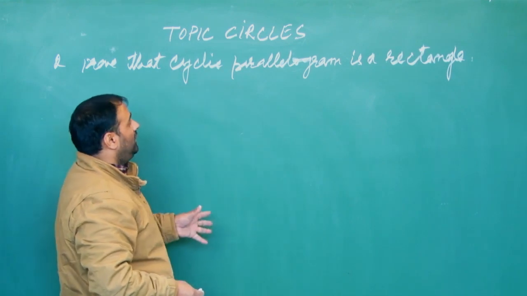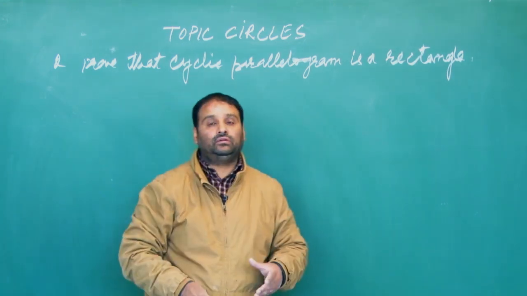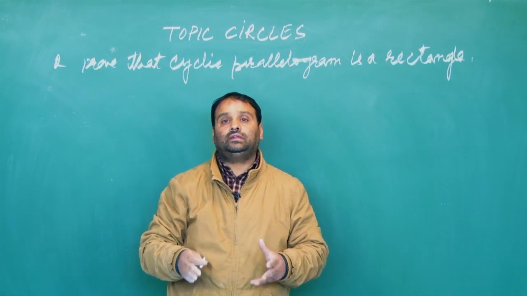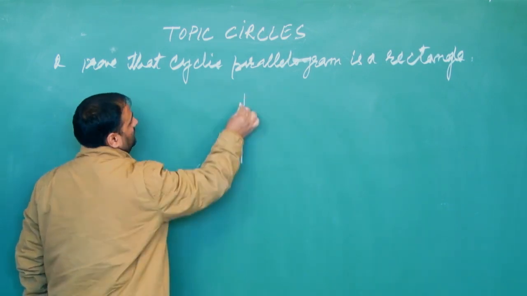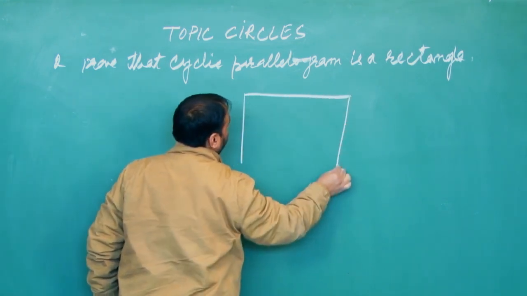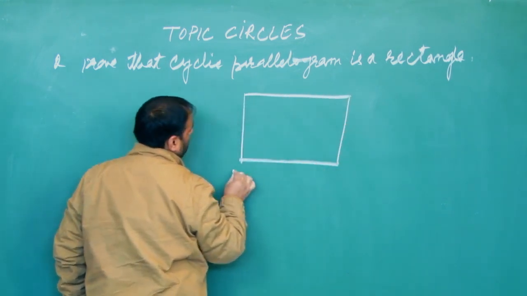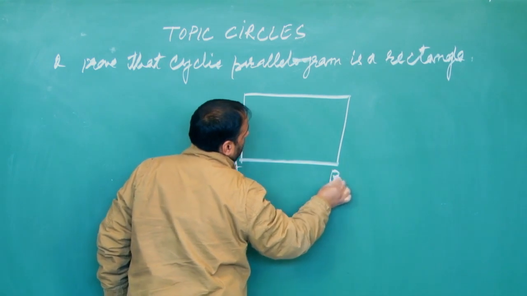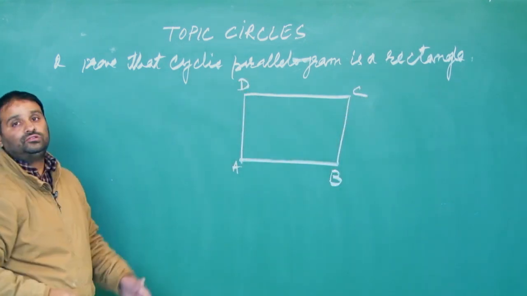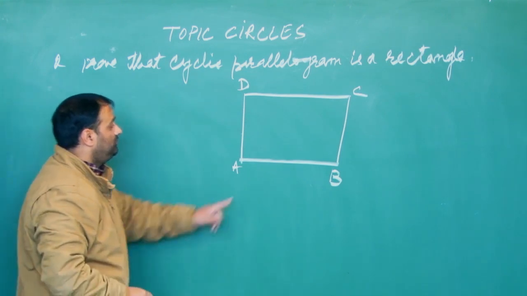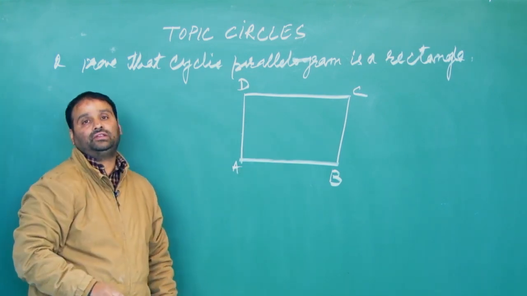And we need to prove that if we have a parallelogram that is also cyclic, then it is a rectangle. So, if you draw the figure like this, suppose this is parallelogram ABCD as given in the question, and also it is cyclic. Then prove that this parallelogram ABCD is a rectangle.